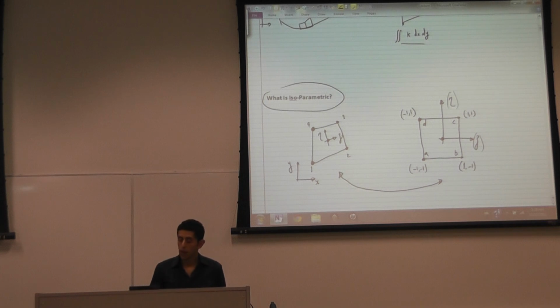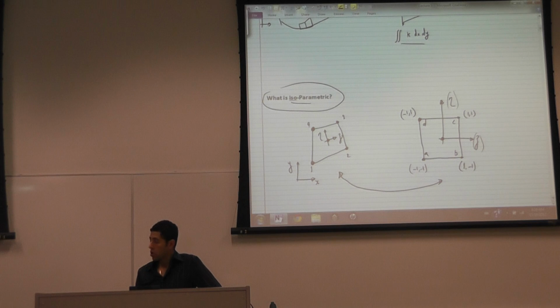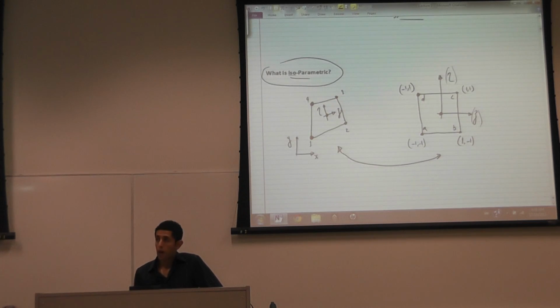However, the isoparametric element utilizes the same shape functions, and that's why it's called iso, same parameters.